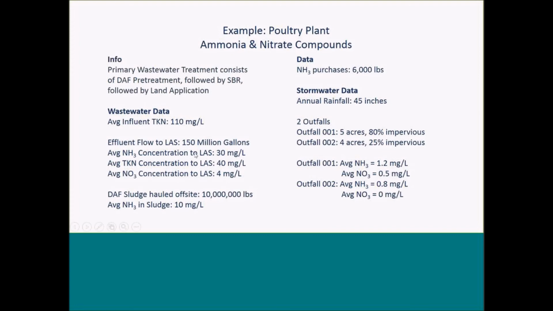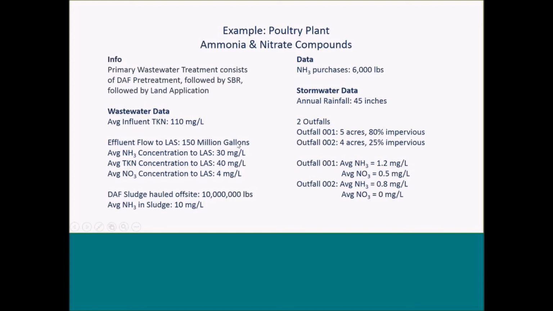Like Paul mentioned, this webinar will be available for you to view later, so I'm not going to get into the specifics, but here I've just made up some data that I'm going to input into the spreadsheet. So I've got some wastewater data. I know the average influent TKN. I know the flow to the LAS, or the land app system.